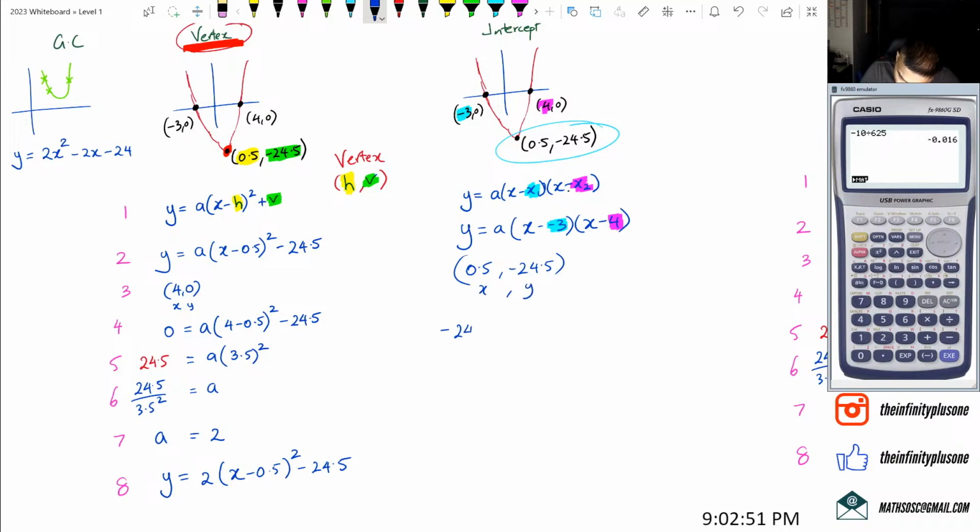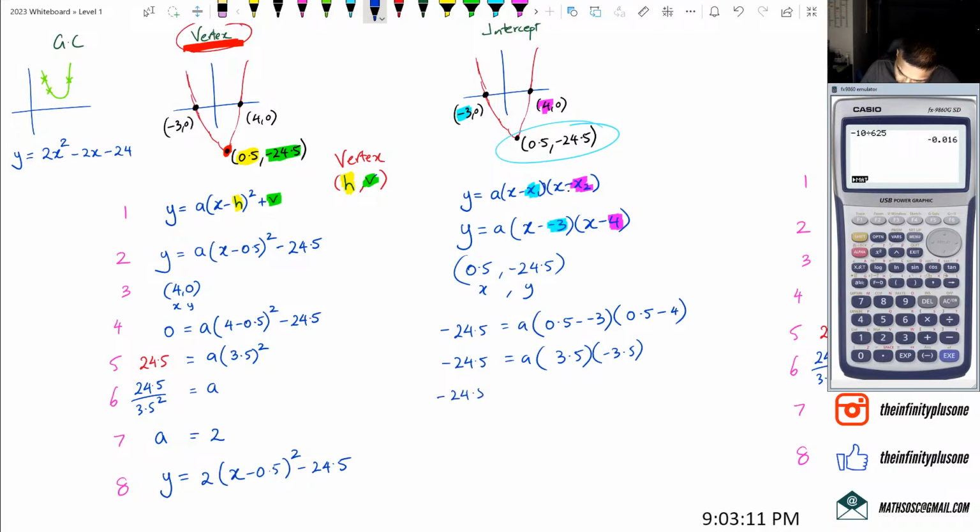So you're going to get negative 24.5 equals a times (0.5 minus 3) times (0.5 minus 4). What you're going to get here is 3.5, negative 3.5.